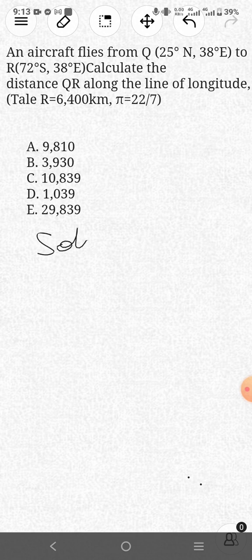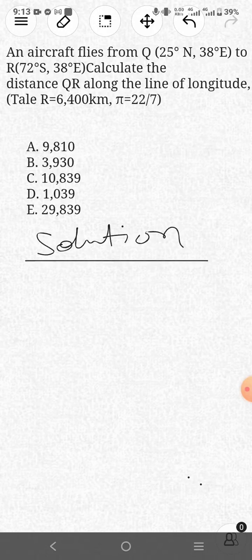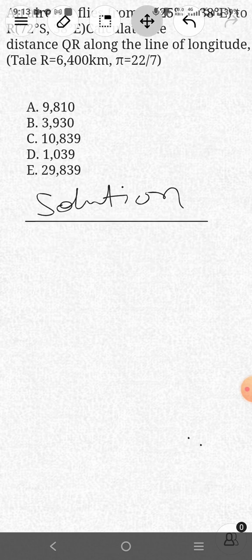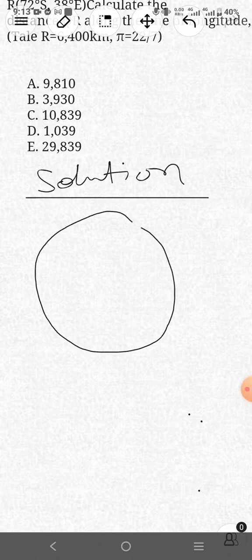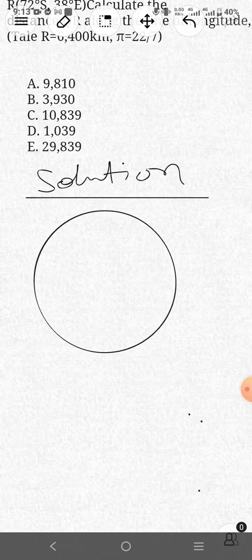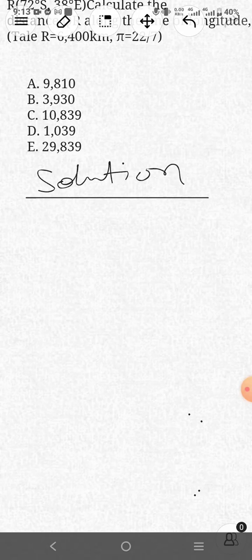Solution. So the first thing we'll do is to draw the Earth's surface. Now we have the polar axis. Let me erase and draw again, because I need to bring it down because of the space.